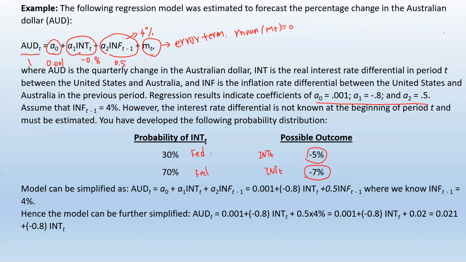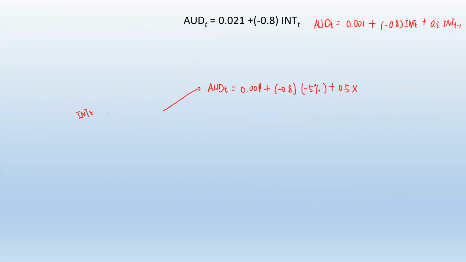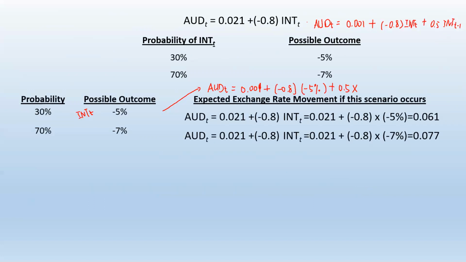Our problem shows that the inflation differential is always 4%, times 4%. So then we find that the Australian dollar movement will be 0.061, which is 6.1%.